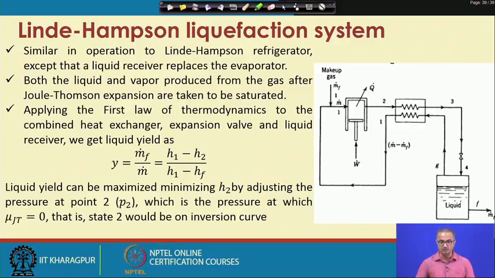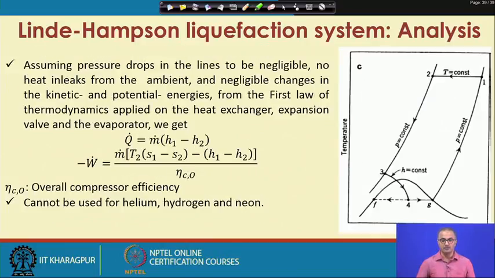Here I have shown the work and the energy transfer, and they remain the same as in the simple Linde-Hampson refrigeration system. One more thing is that we cannot use this kind of system for helium, hydrogen and neon.